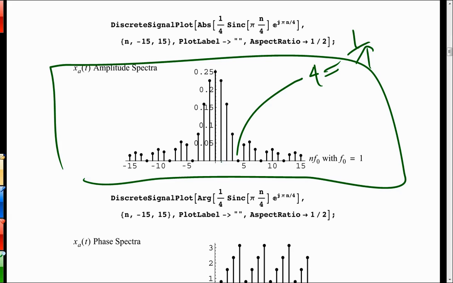And this guy right in here, that location is 1. What's the spacing on the spectral lines in a Fourier series? The minimum spacing is what? Fundamental frequency. So that's the one that's right next to 0, so that must be the fundamental frequency. And so you could get F naught, and once you have F naught, then you have T naught, because they're the inverses of each other, right?